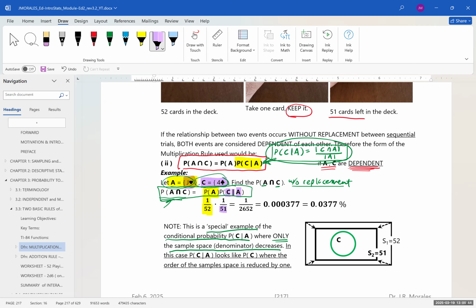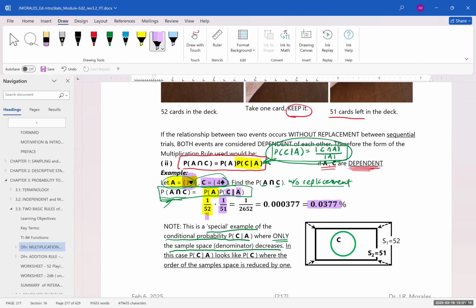Well, the sample space is going to shrink from 52 down to 51. And how many Four of Clubs do we have? Only one. So the probability of getting a Jack of Hearts, keeping whatever card that first one was, and then getting a Four of Clubs second is 1 over 52 times 1 over 51, which comes up to 0.0377%, which is really small.